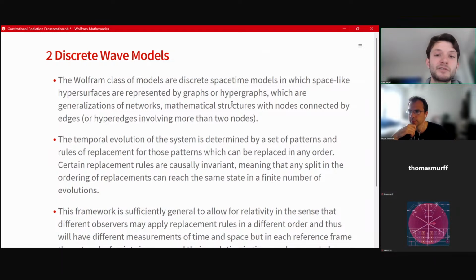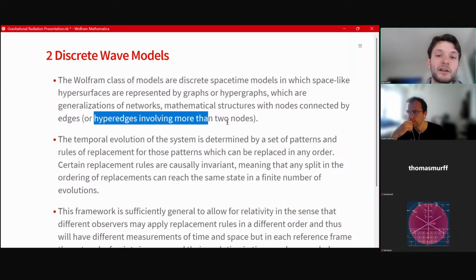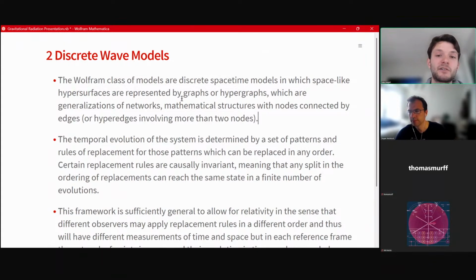The class of models is general enough that it also includes hypergraphs, which can have connections involving more than two nodes. But in this project, I just focused on graphs. So each edge in my models can only connect two nodes.